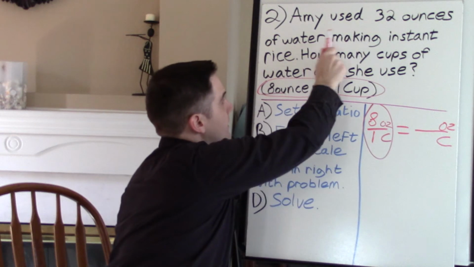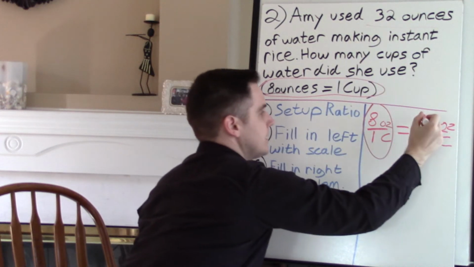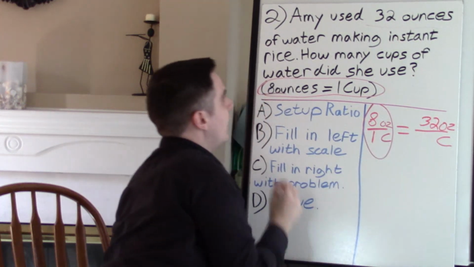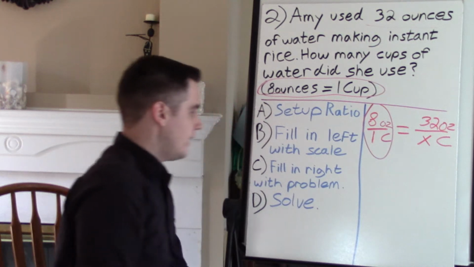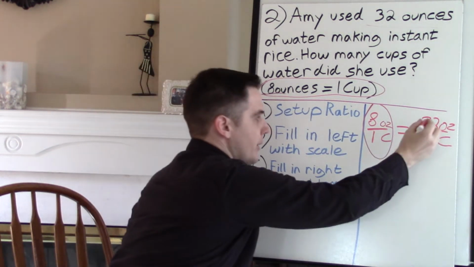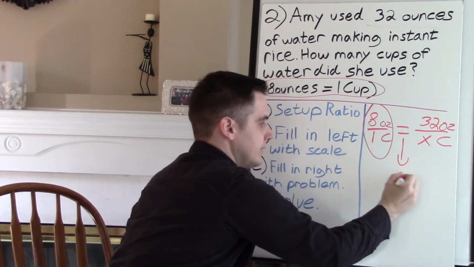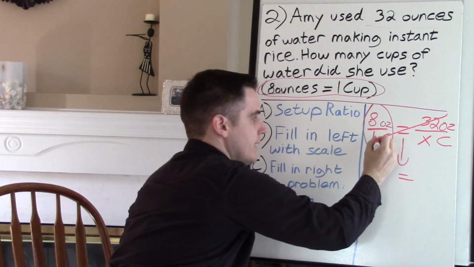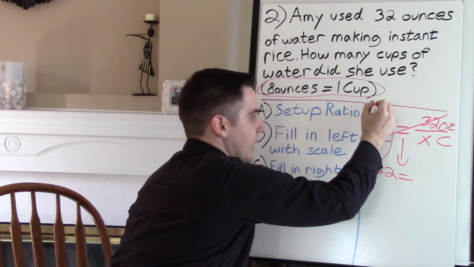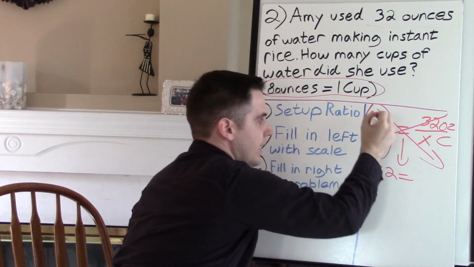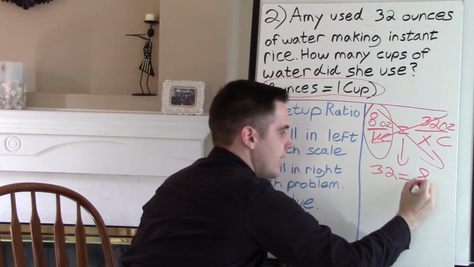The problem tells us there's 32 ounces. And how many cups? We don't know how many cups, so X. And now we can solve. So we're going to bring down our equal sign, multiply this way, 32 times 1 is 32, and multiply this way, 8 times X is 8X.